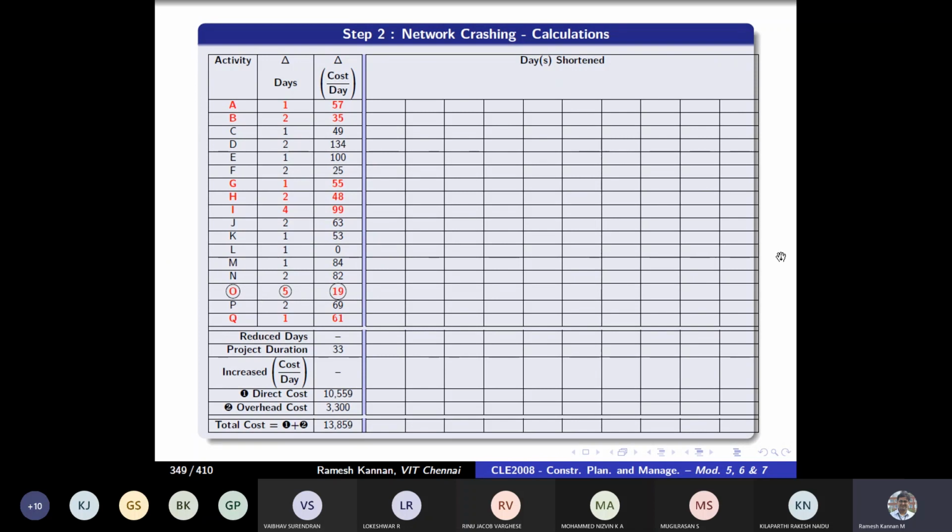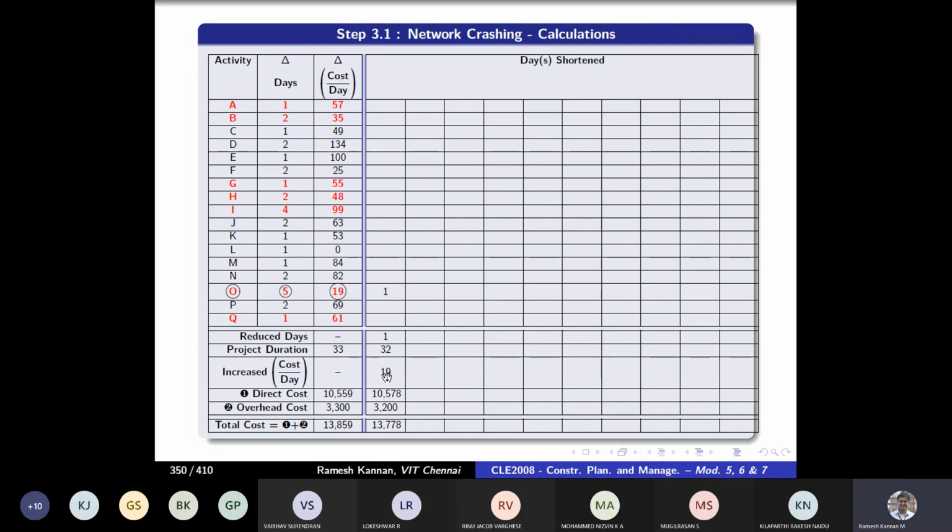This type of algorithm is called the reduce a day algorithm. So which means that no matter we have 5 days, we will be reducing one day only at a time, and see the implications. Say for example, if I reduce it by 1 day, this 33 becomes 32, right? And the cost slope, which is the additional incurred cost, will be 19 rupees per day.